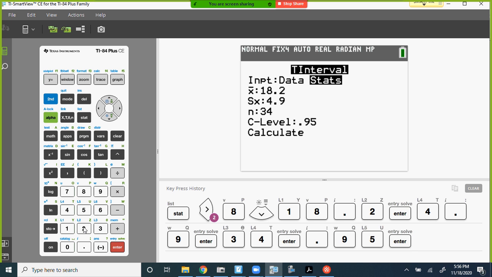All right, now, everybody good with what we typed in right there? If you hit calculate, hit enter, it's going to give you a lower bound of 16.49 and an upper bound of 19.91, right? It's going to 3 decimal places. They want you to round it to 2. Just know they want 2, okay?